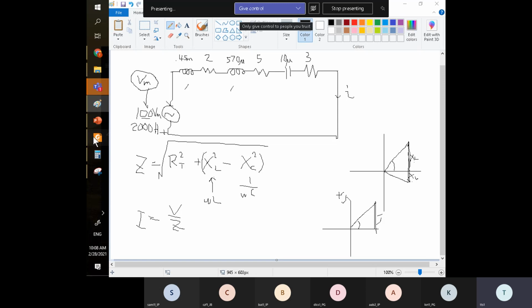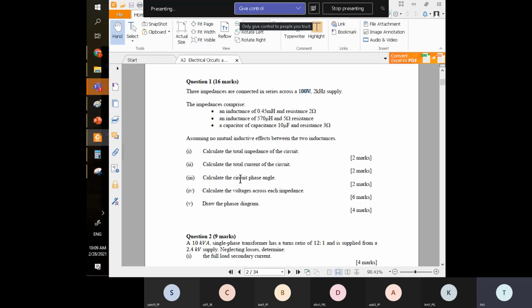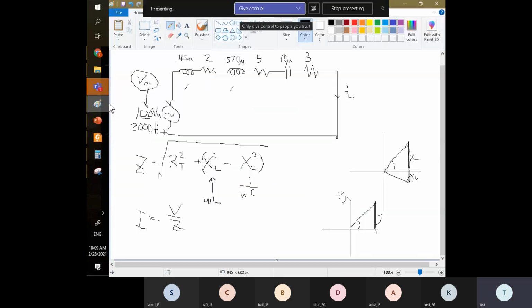So what's the next one? Calculate the circuit phase angle. Okay, for the phase angle, for number 3, you can take the impedance here.